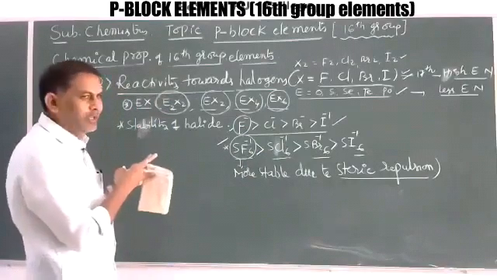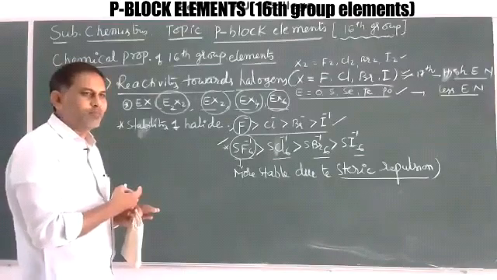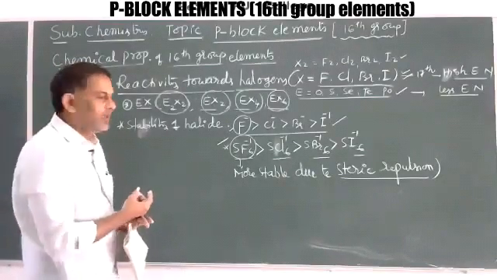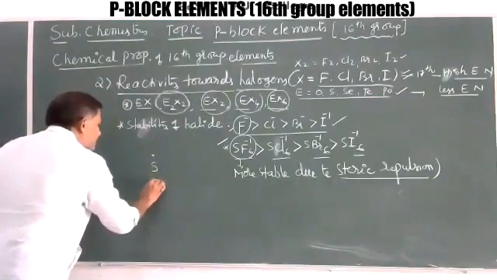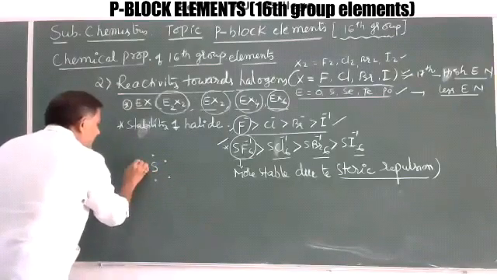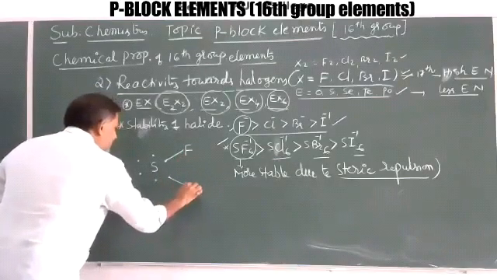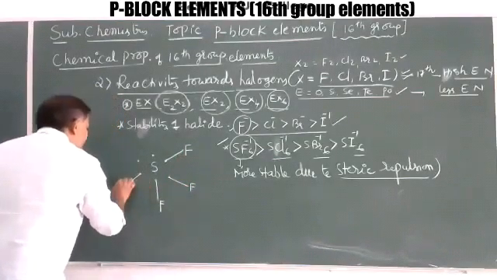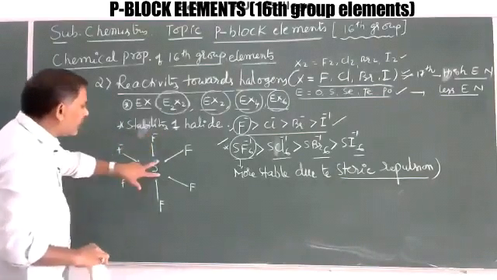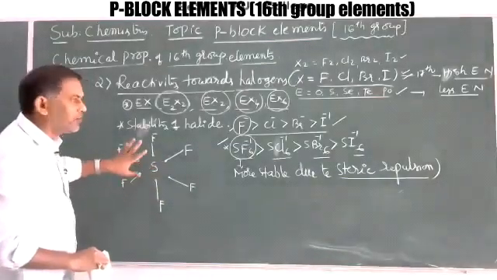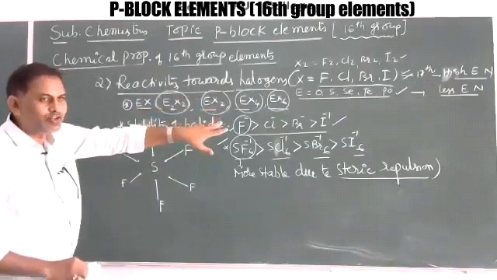Now in first PUC chemical bonding, I explained that it does not obey the octet electronic configuration. More than 8 electrons are present around sulfur. Here sulfur has 6 valence electrons, and in the excited state 6 fluorine atoms are bonded. In the ground state in its outermost orbit, only 2 are unpaired and the remaining 4 are paired, but the electrons are excited from a lower energy level to a higher energy level.